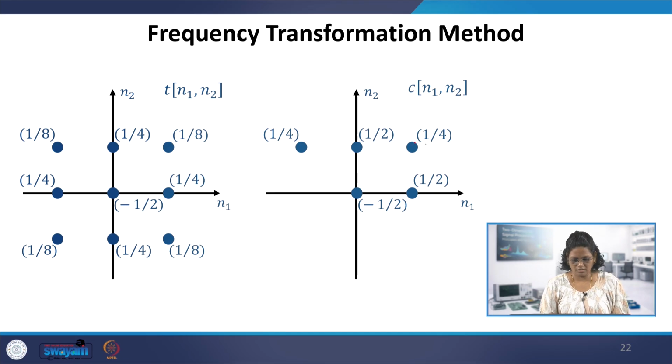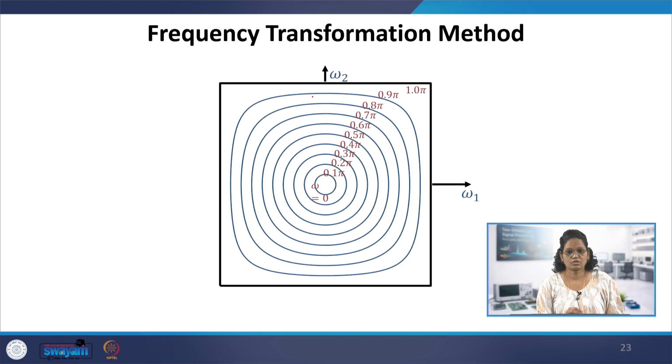These are the terms for C of n1 comma n2, so C is obtained from T only, with a linear combination of cosine functions. This is the filter coefficient. Using this T and H, we can get the h of n1 comma n2.